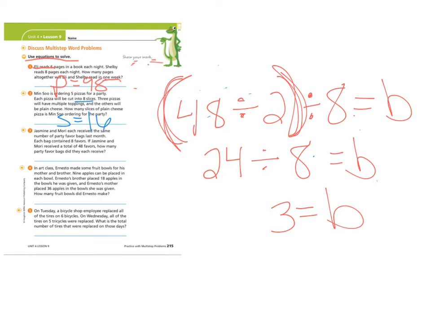Good, nice job. So each person received 3 bags. How many party favor bags did they each receive? So B equals 3. Okay, nice job, boys and girls.